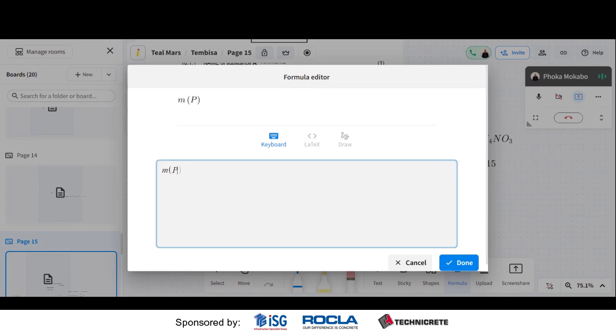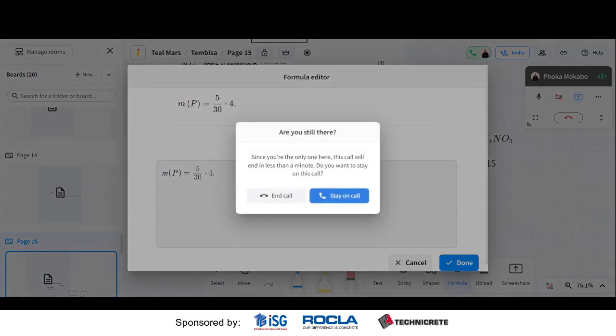Now if we move on to the mass of phosphorus, we are looking at 5 parts out of 30 of that 4.5 kg.